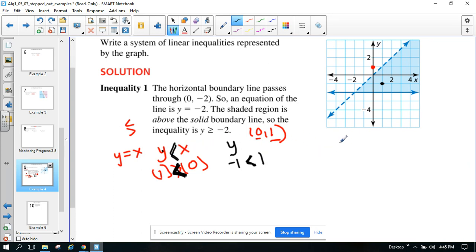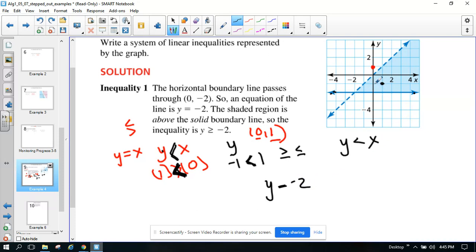So our linear inequalities would be y is less than x, and our other line is a horizontal line, y something -2. Because it's a solid line, it's going to be greater than or equal to, or less than or equal to, -2.